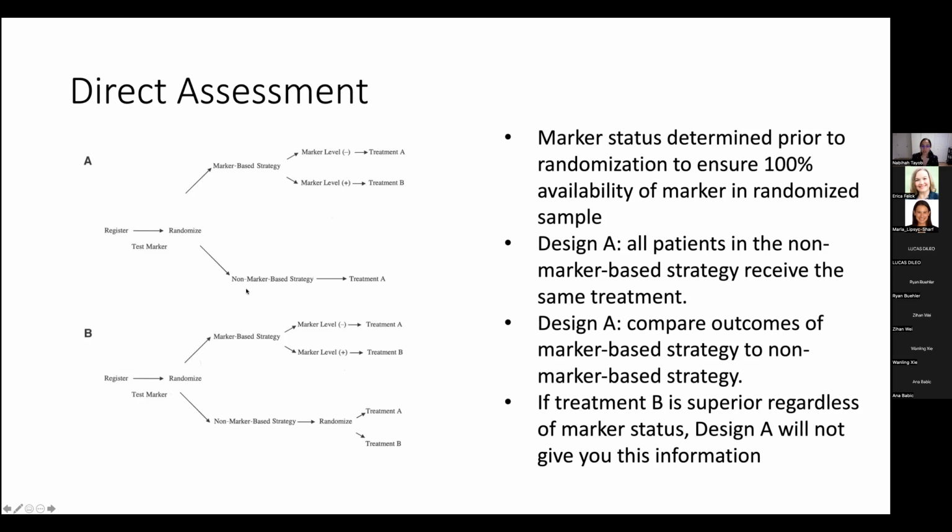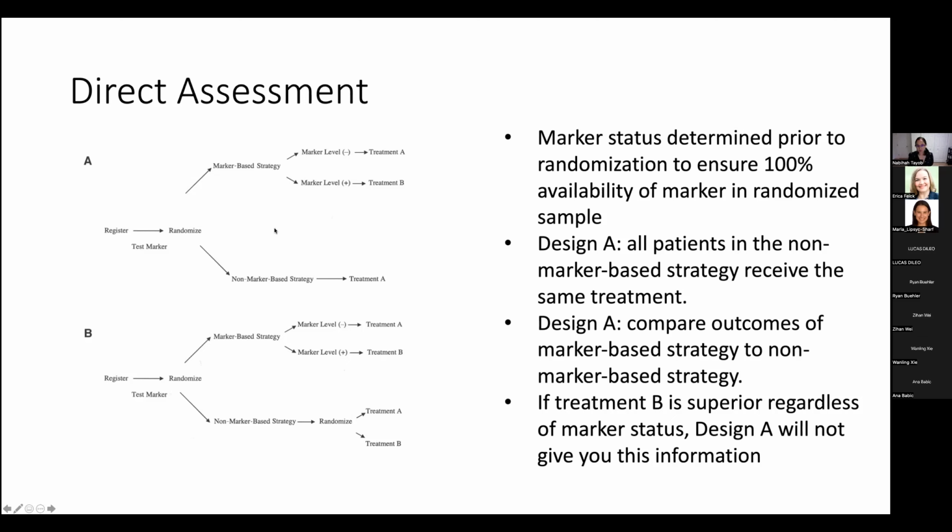But in the non-marker-based strategy, everybody just receives standard of care, which is treatment A. So in this design option, at the end of the study we compare the outcomes in the marker-based strategy to the non-marker-based strategy. And if using the biomarker to make a decision on treatment is useful, you'll have better outcomes in your marker-based strategy than giving everyone just the standard of care.